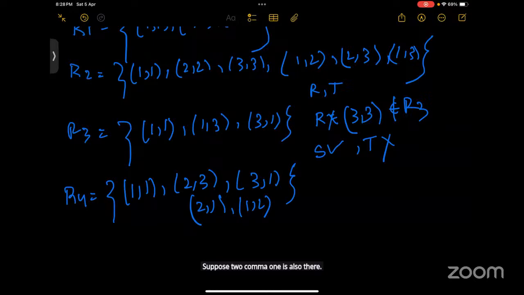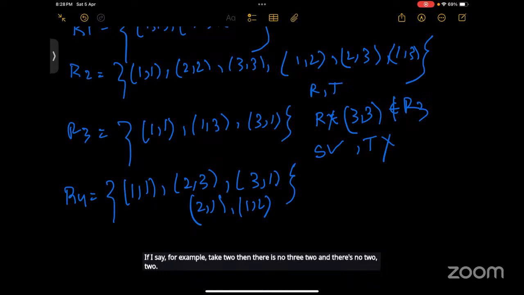It's not symmetric. What about transitivity? It is clearly not reflexive, right? And it's not transitive also. Why? If I take, for example, 2, 3, then there is no 3, 2, and there is no 2, 2.